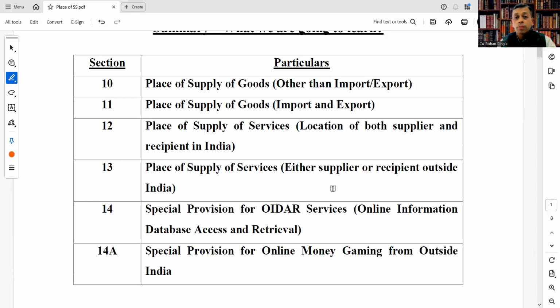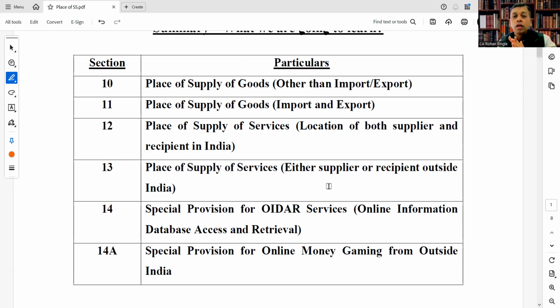Section 12, place of supply of services where the location of both supplier and recipient is in India, where we have seen from subsection 2 to subsection 12 or 13. Section 13, place of supply of services where either supplier or recipient is outside India. In that, we also saw section 13 subsection 6, which talks about supplier and recipient both outside India.